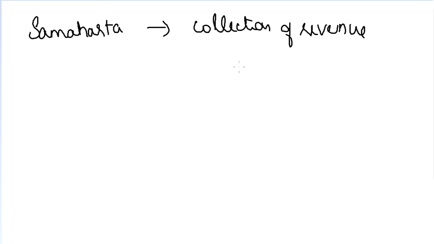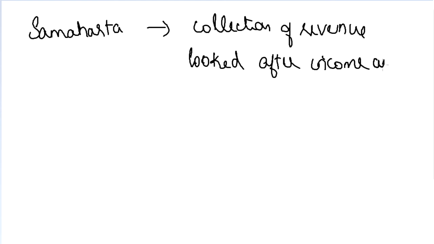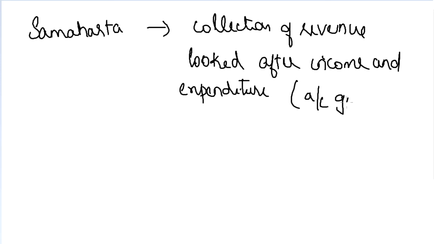Samaharta was in charge of collection of revenue from various parts of the kingdom, and he looked after the income and expenditure by supervising the work of the account general.